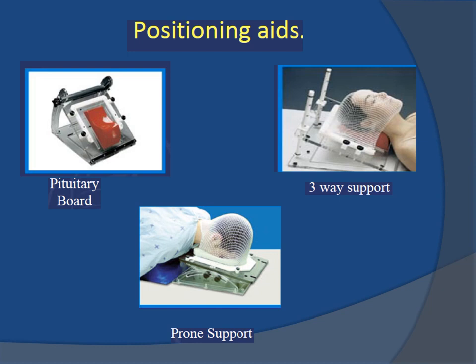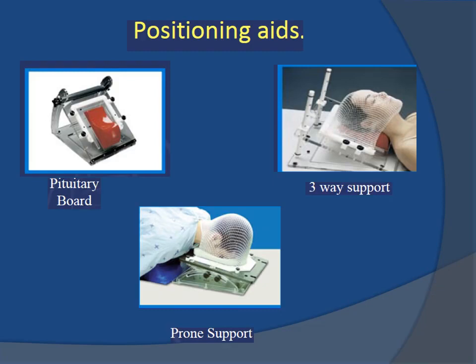Positioning aid. What is the meaning of positioning aid? When you treat a cancer patient with radiation, you need a patient with cancer, you need a source to deliver radiation, either external beam or internal beam radiotherapy, you need a technique to deal with the radiation beam, and you need positioning aid.